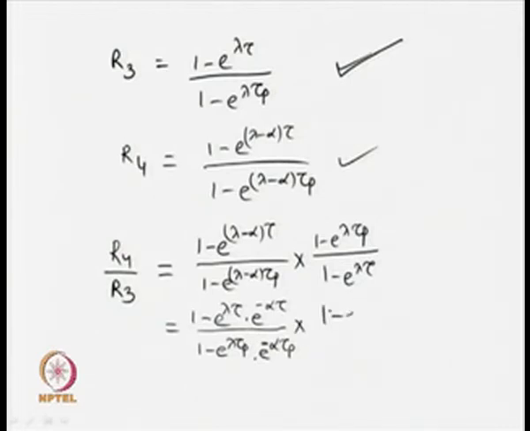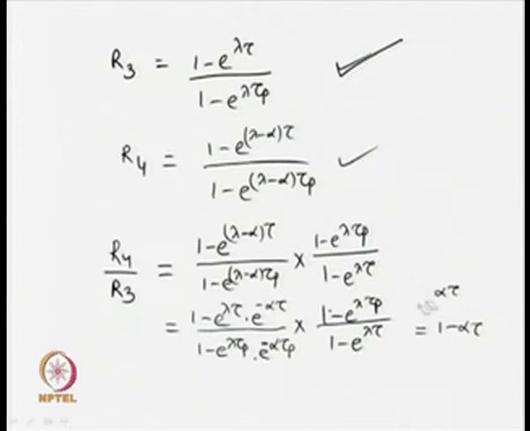So, 1 minus e to the power lambda tau p upon 1 minus e to the power lambda tau. Again, since alpha is a small number, the exponential term e to the power minus alpha tau can be approximated as 1 minus alpha tau, since alpha tends to 0.